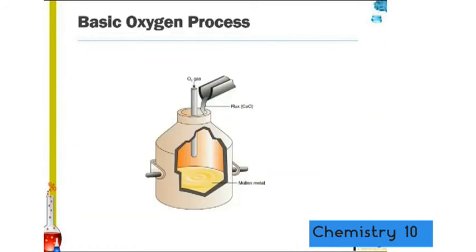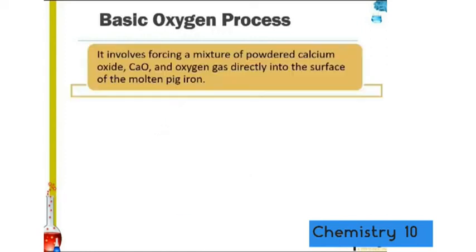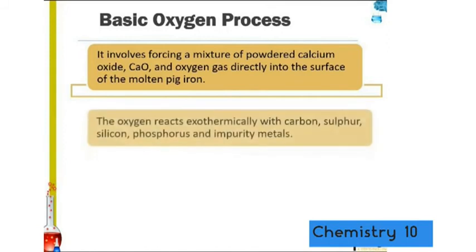Finally, we'll talk about our third process, the basic oxygen process. From this overall schematic, you should note the inputs are molten metal, oxygen gas, and a flux containing calcium oxide. In the process, powdered calcium oxide and oxygen gas are added directly to the surface of the molten pig iron.